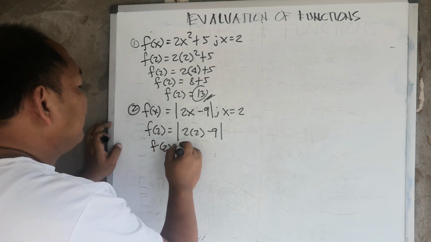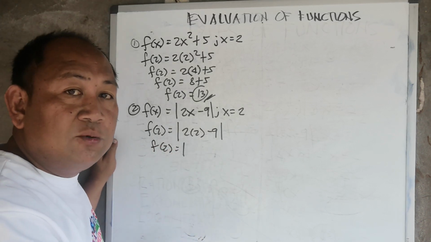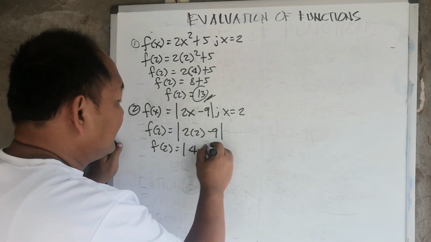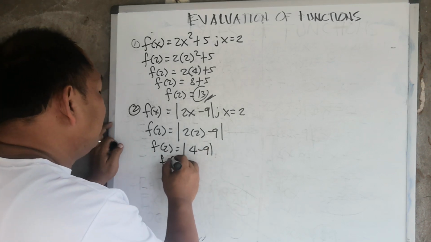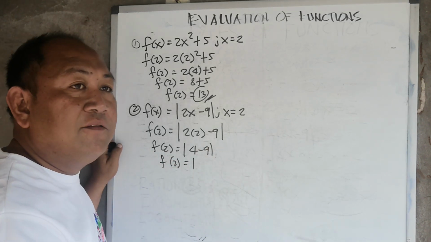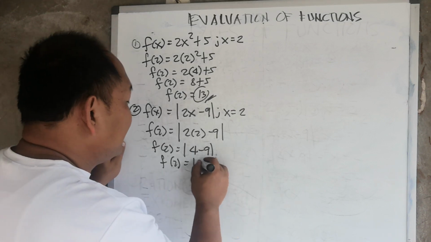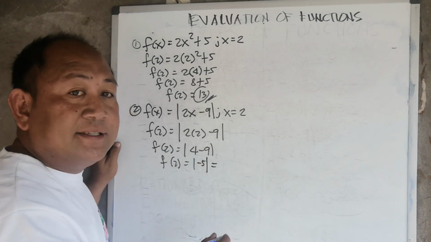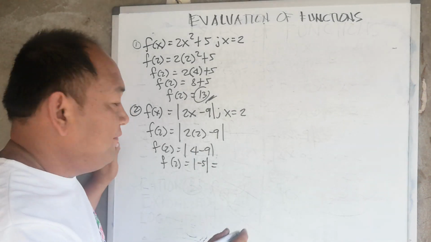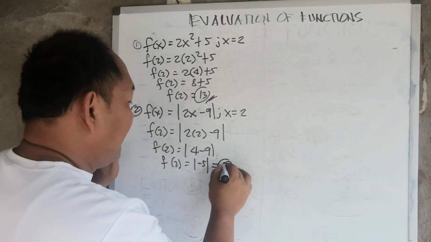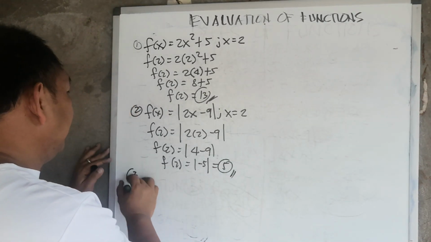So f of 2 equals the absolute value of, what is 2 times 2? 4 minus 9. So f of 2 is the absolute value of 4 minus 9, which is negative 5. And what is the absolute value of negative 5? It's positive 5.